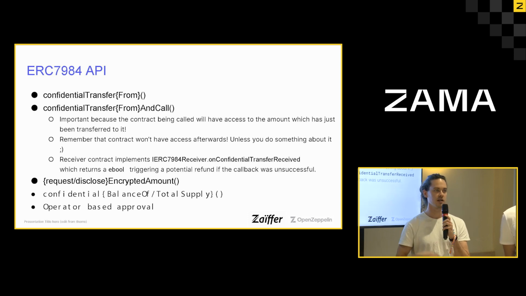And that's really important if you're moving tokens into or out of a confidential token wrapper, so that you can basically get them out and say, yes, I had 100 tokens and now I'm unwrapping them into a regular ERC-20.